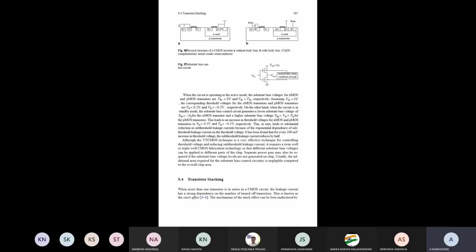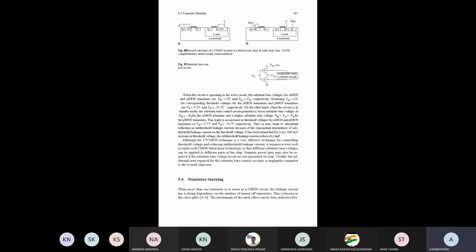That leakage power depends on subthreshold leakage currents. The subthreshold leakage currents will be controlled by maintaining variable threshold levels of the circuit.